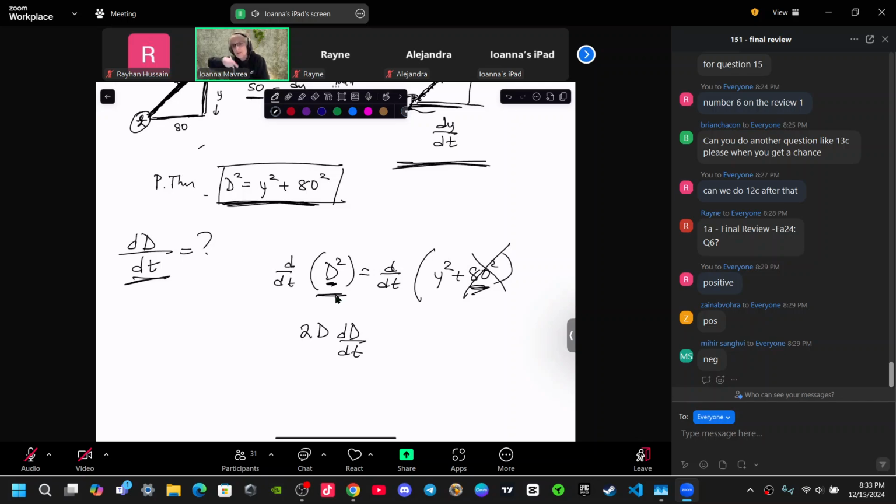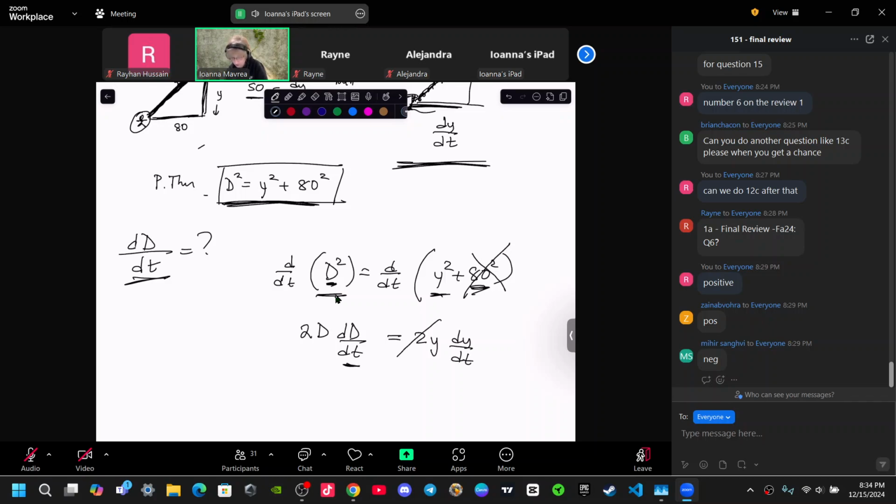Again, there are t's, little t's, inside this capital D. So this is a function that has other little stuff inside it, time. So when I look at D squared, I'm thinking of stuff squared. The derivative, I'm going to use the chain rule, 2D times the derivative of D. The same thing I'm going to do here: 2y times the derivative of y.